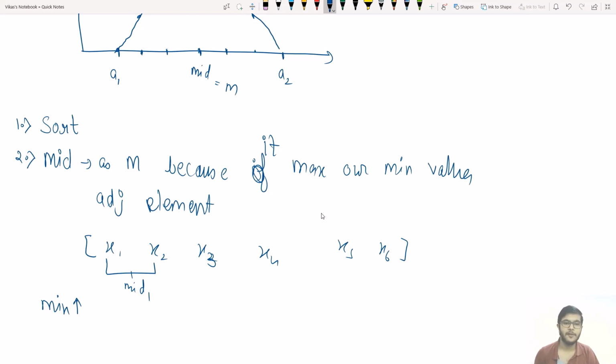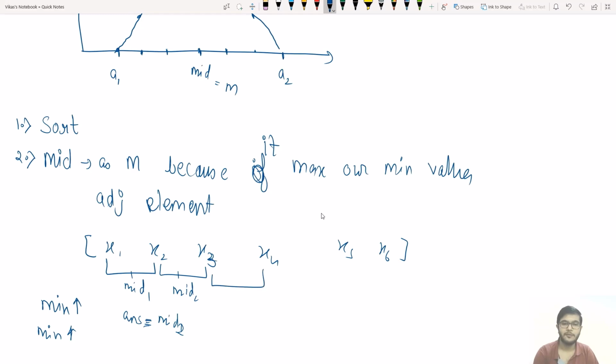If it is greater than the previous one, then we are going to store mid 1 in our answer. Now we are going to take these two elements and find the mid, let's say mid 2, and find the min again. If the min is greater than the previous one, we are going to store mid 2 in our answer.